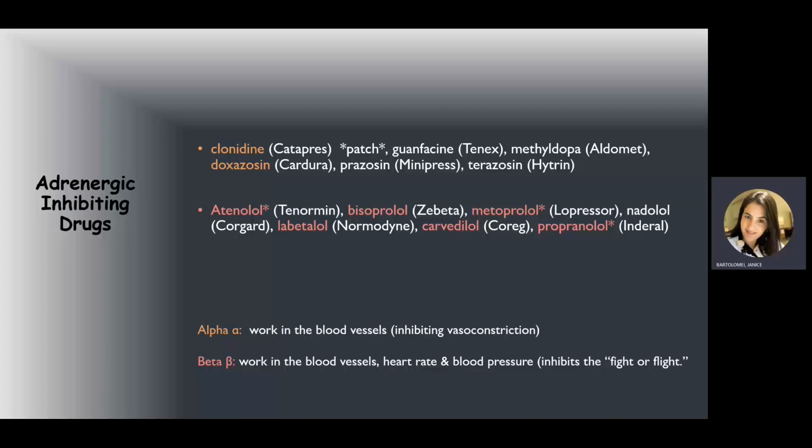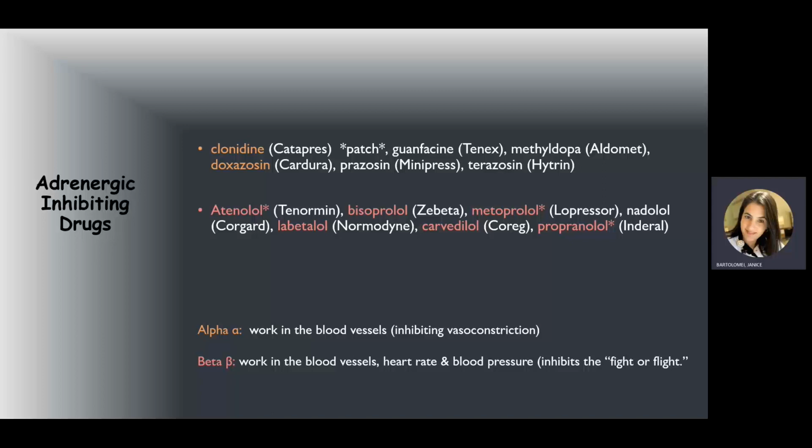All right, let's look at the adrenergic inhibiting drugs. So we have alphas and we have betas, beta blockers. The alphas mainly deal with the blood vessels. They work at the blood vessel by not allowing the vessel to constrict. If we have a narrow blood vessel, the blood from the heart is pumping against higher resistance, and we don't want that because that's going to elevate the blood pressure.